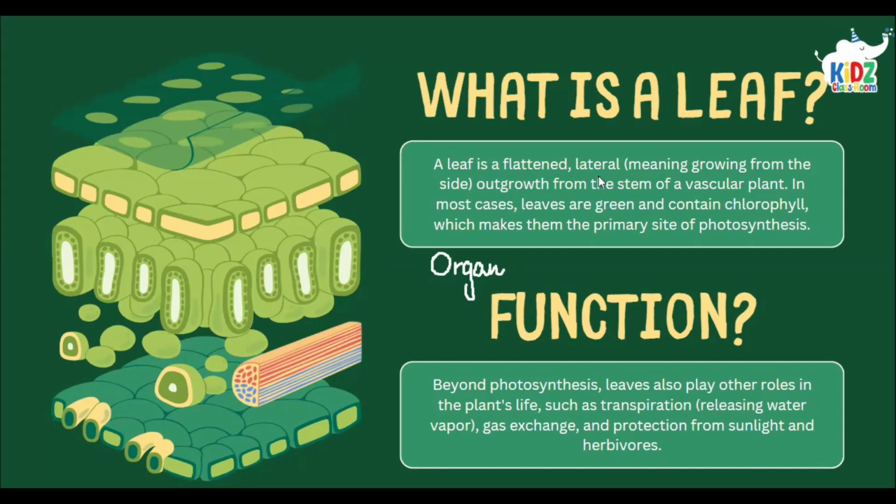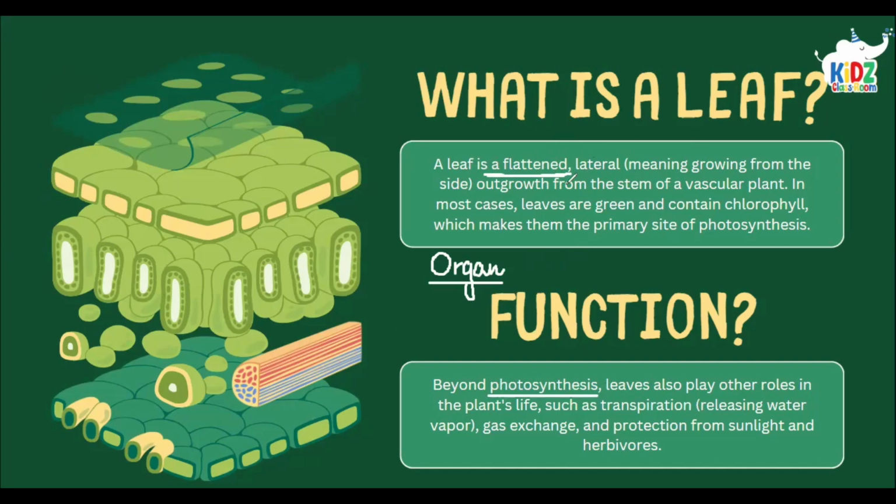And it is typically green and flat. So a leaf is an organ and it is green, it is flat, and its primary function is to perform photosynthesis. So what is a leaf?